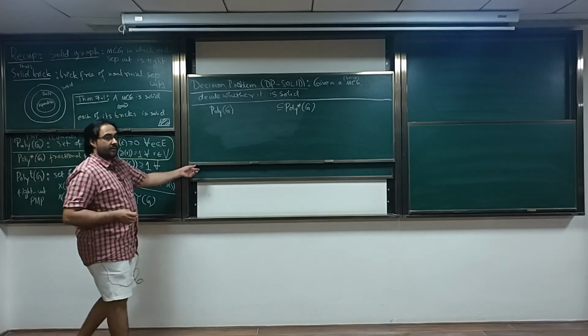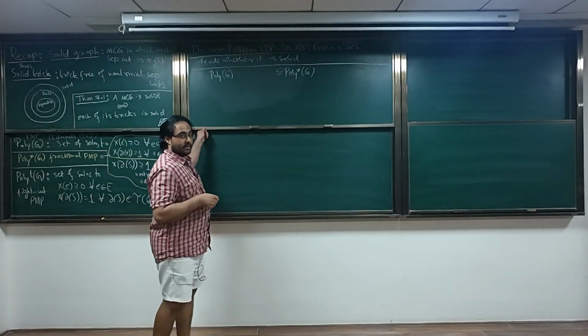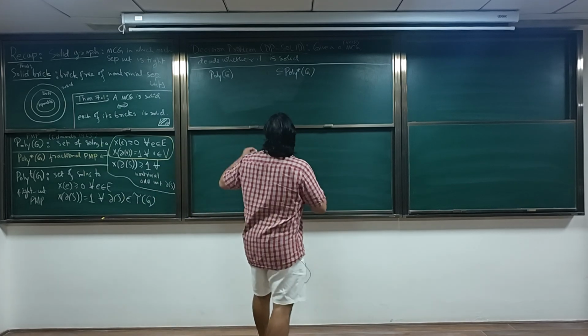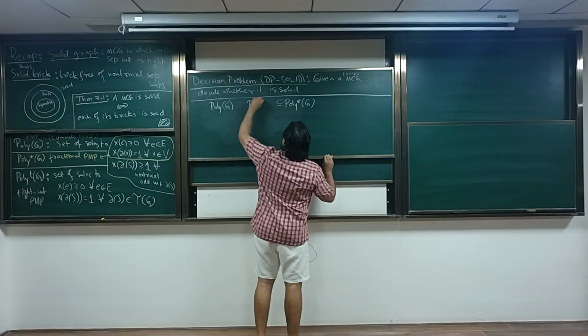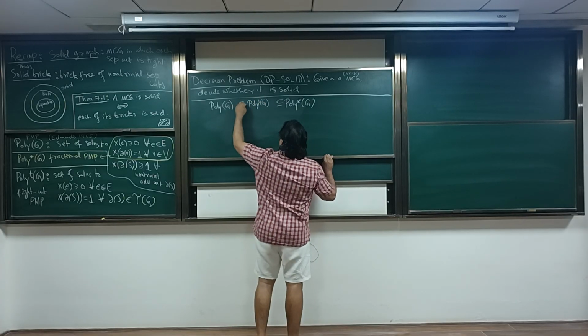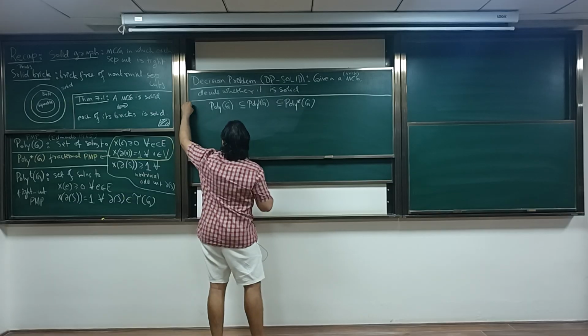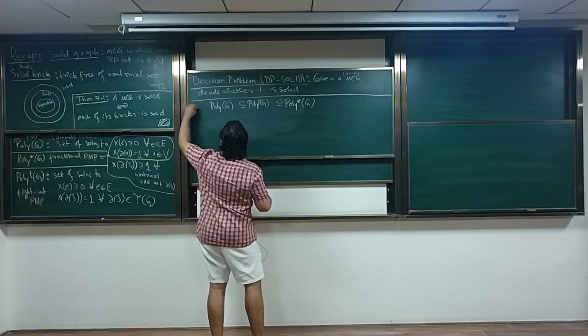For each tight cut, x across that cut has to be equal to 1. Right? And observe that this is actually sandwiched between these two. Well, this is clear. This is basically, I believe, 7.4.